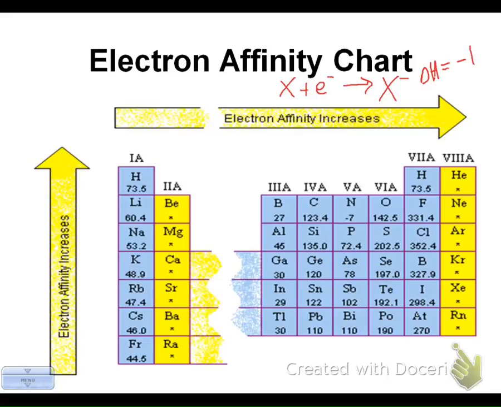It is an exothermic process. You can consider it as the atoms giving you a little bit of a thank you by returning some energy when you give them an electron.